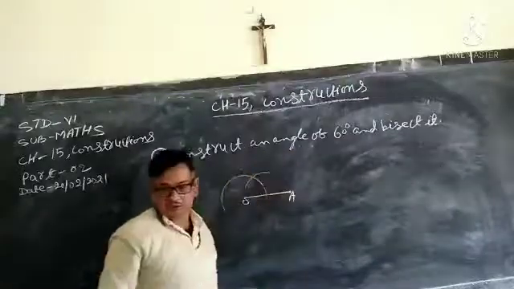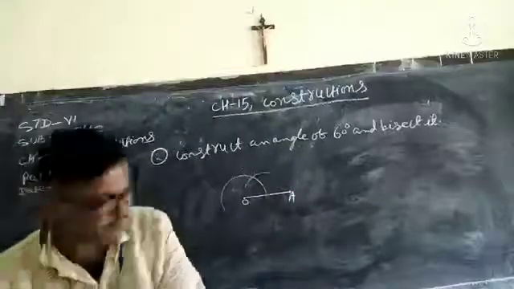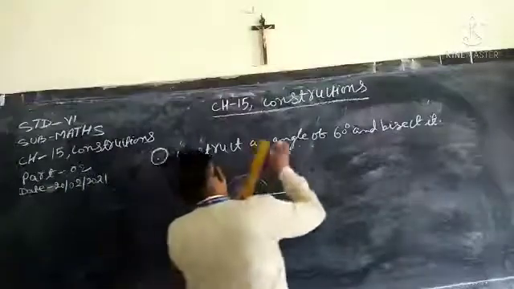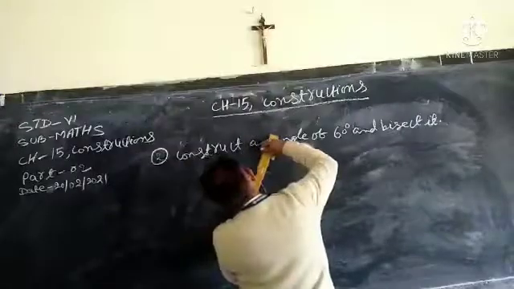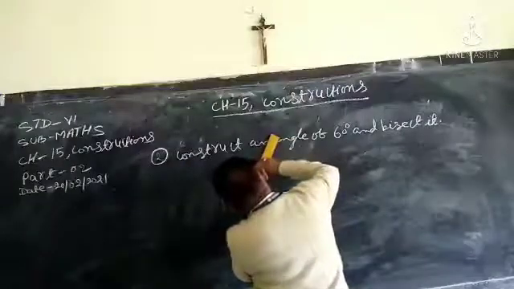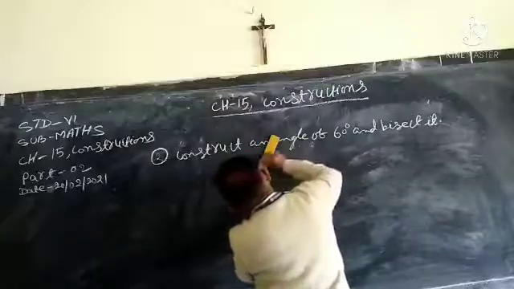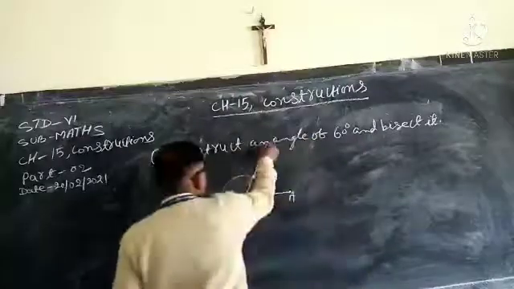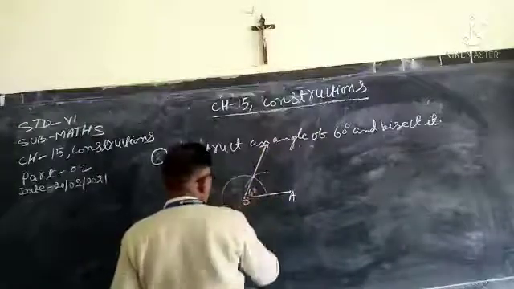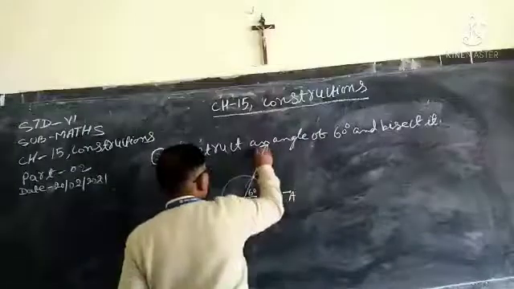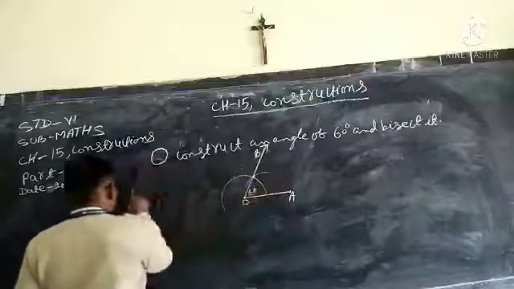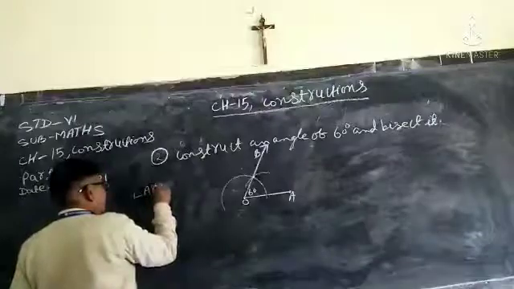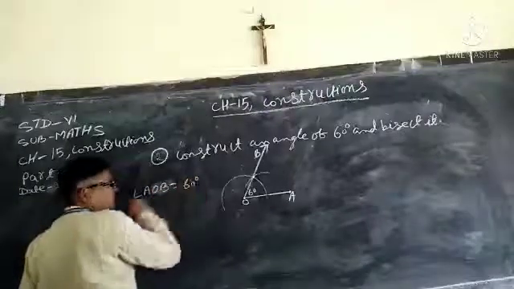We are going to cut, making this point from A to B. See this one. Over. Now this is your 60 degree, angle AOB. Angle AOB is 60 degree. It is ready.